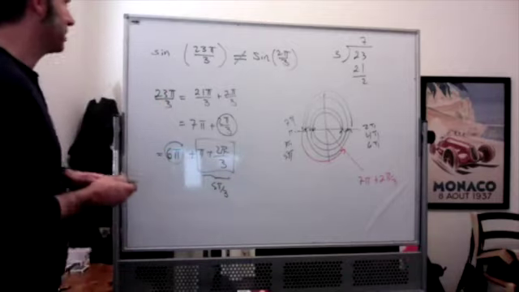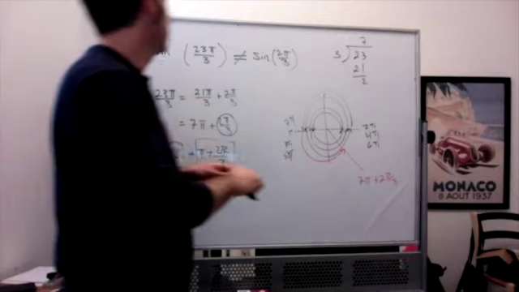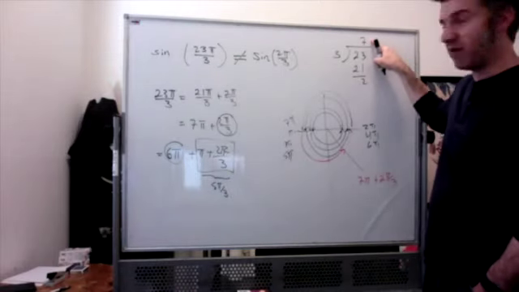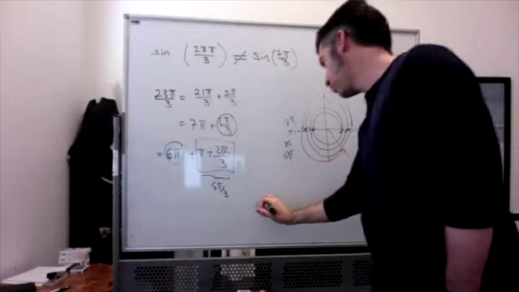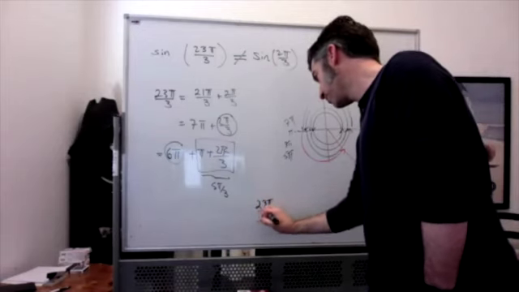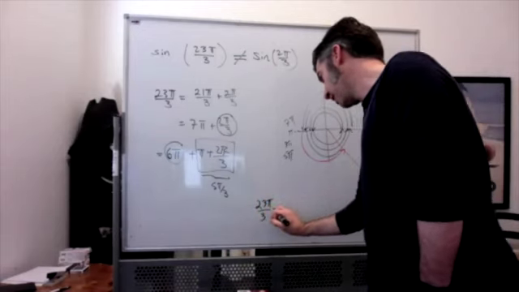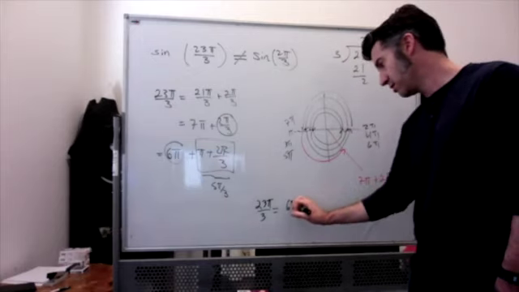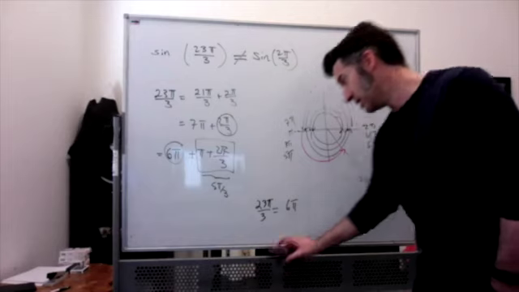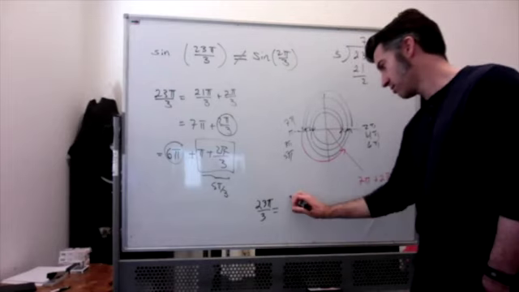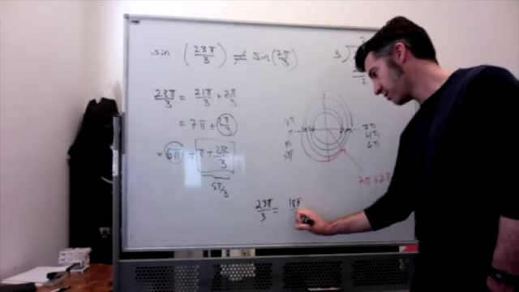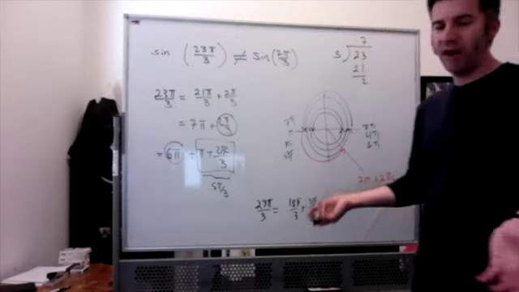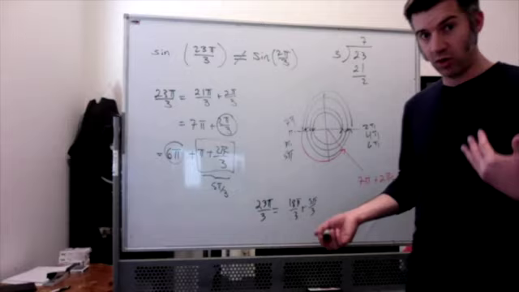So here I can see, okay, well, 23 pi over 3, when you divide them, you get 7, but 7 is an odd number, and I want the smallest even number, so I could rewrite 23 pi over 3 as, instead of 7 pi, I want 6 pi, which is 18 pi over 3, plus 5 pi over 3. So 5 pi over 3 is the angle that we're actually coterminal to.